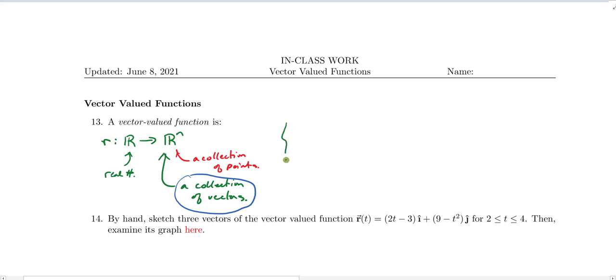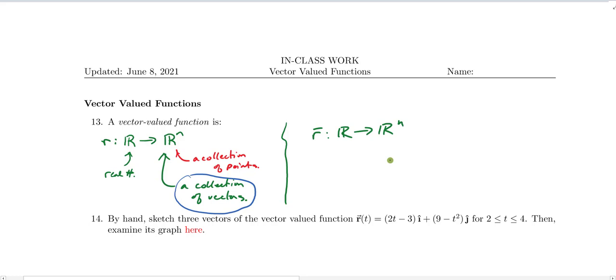So we'll write r is a vector-valued function mapping from the set of real numbers to the space of n-dimensional vectors.